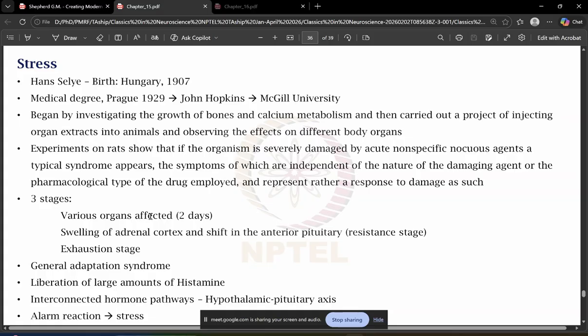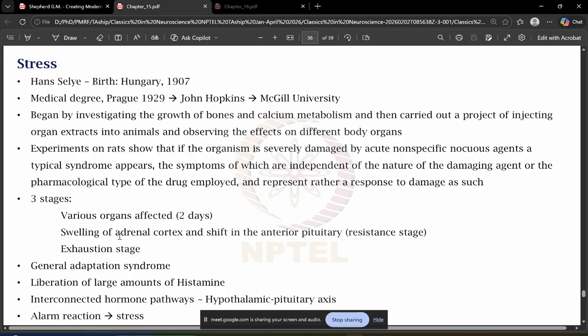If the damage was not resolved, if the noxious agent continued to affect the system, the syndrome progressed to the next stage.